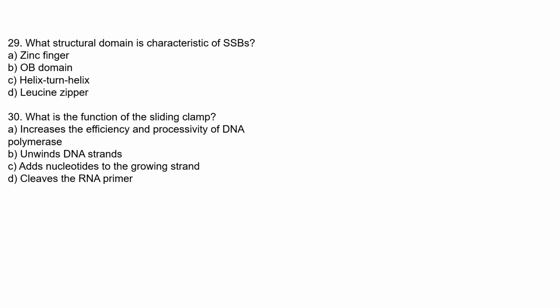Anyone else has any other ideas or any confusions about this? No? Okay, then that's absolutely right. It's A, which is it increases the efficiency and processivity of DNA polymerase. Right, so it's what helps the DNA polymerase attach and stay on the DNA, move along it, and add many nucleotides without making a mistake or without falling off.